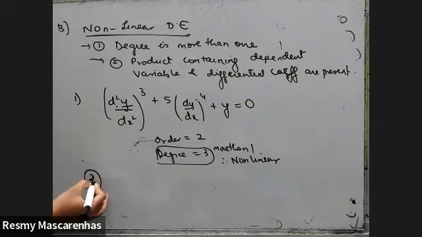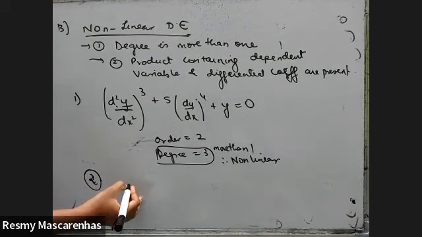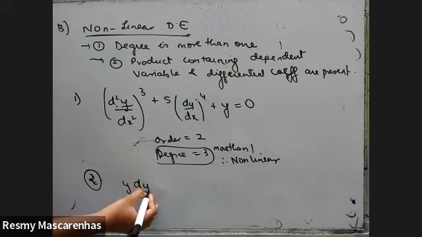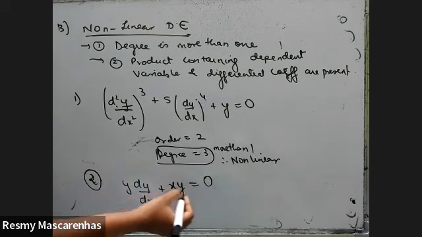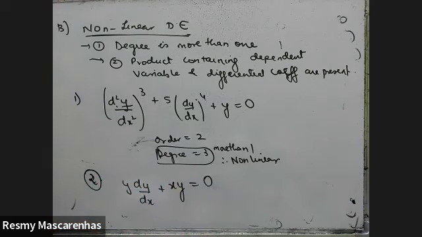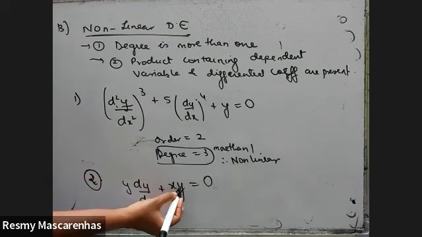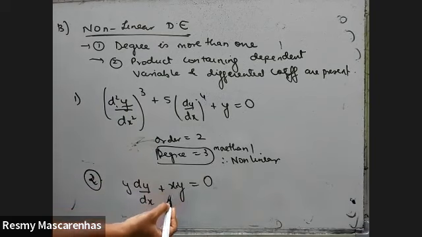Second one. If you see this x and y are multiplied to each other, there's a product. Here also see, there's a product.